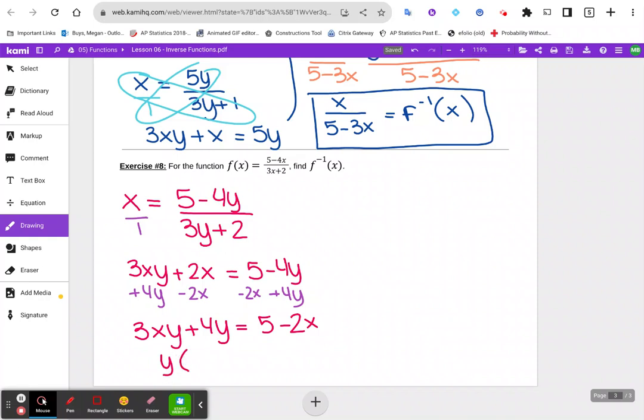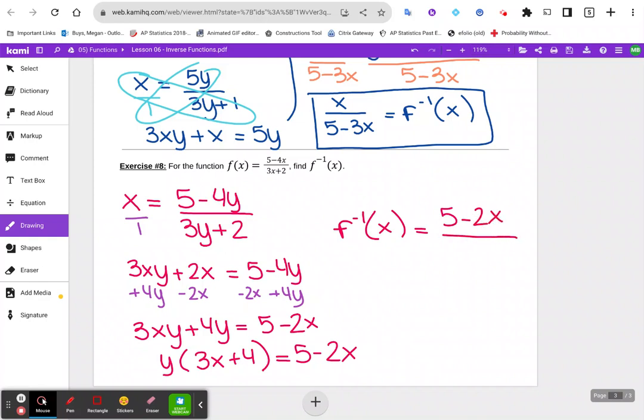But the whole point is that I got to use GCF in here so that I can pull out that y. Our goal is to isolate a y value in this case. And once you've isolated y, I can divide that other piece out. So my inverse is going to look like 5 minus 2x divided by 3x plus 4.